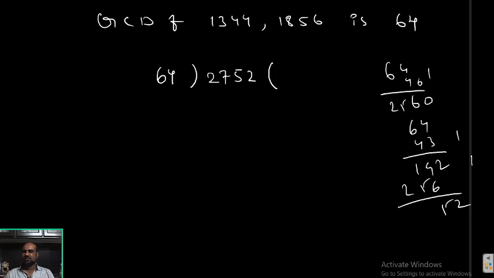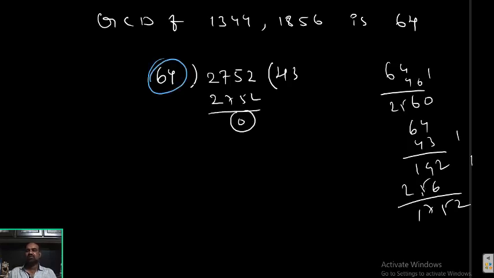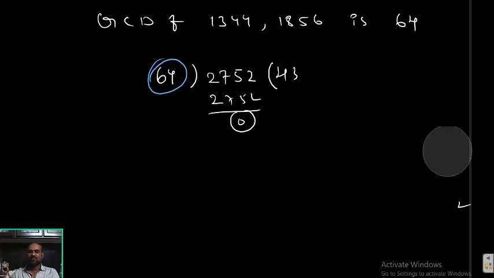So what I can say now, 43 times is 2752, and 0 is the remainder, which means this is the GCD of 2752 and 64.